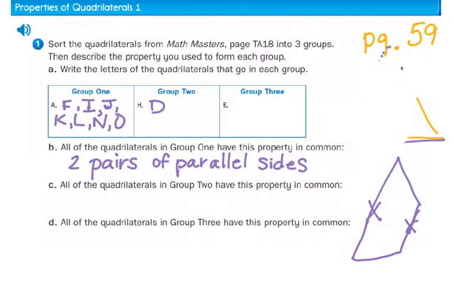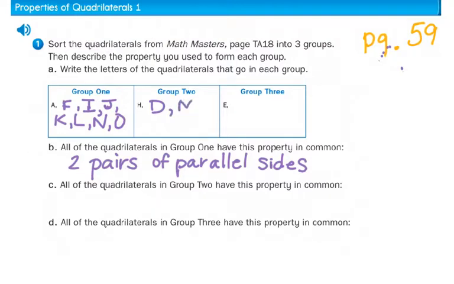Moving on, H we already had written down from the book. I is used, J has already been used, K has been used, L has been used. M, the left side and the right side are parallel, but not the top and the bottom. So in group 2, I will write down that there is one pair of parallel sides for all of these quadrilaterals. So pick up your pencil on page 59 and write one pair of parallel sides.